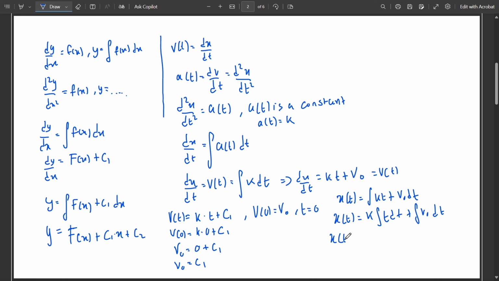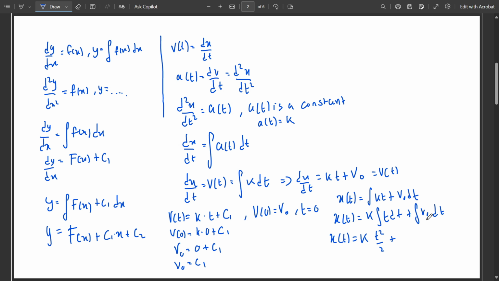So x of t equals k times the integral of t dt. The integral of the independent variable is just t squared over 2, plus the integral of v initial dt.